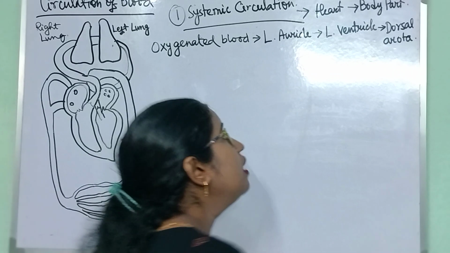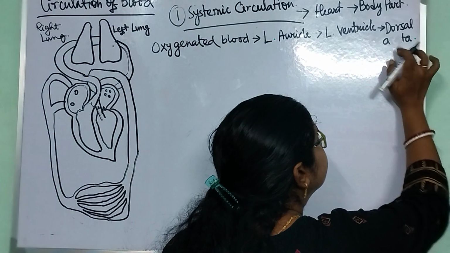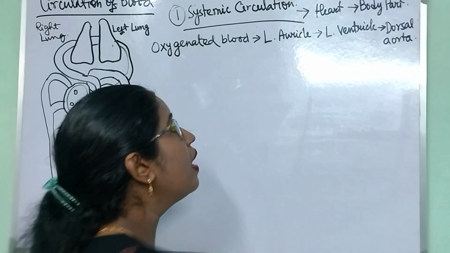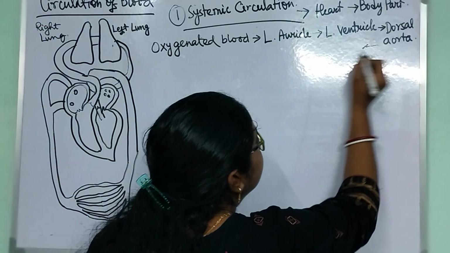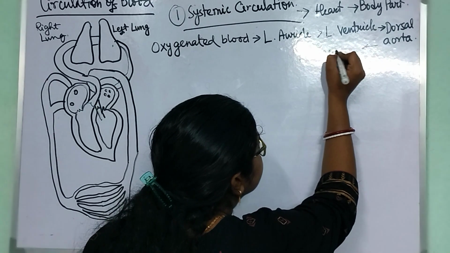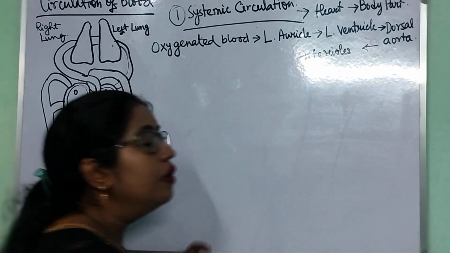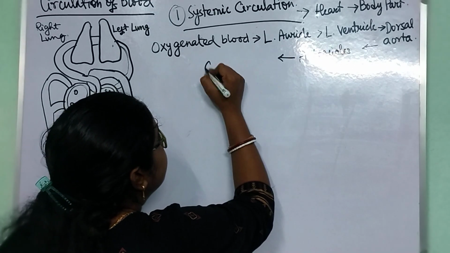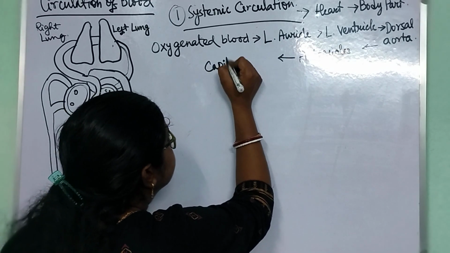Then dorsal aorta branched off into many arterioles, which then again branched off into capillaries.